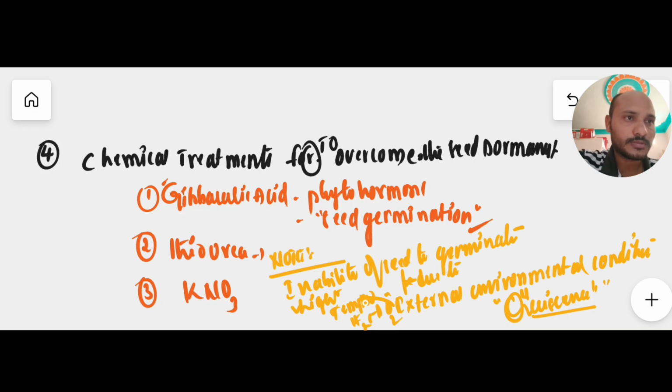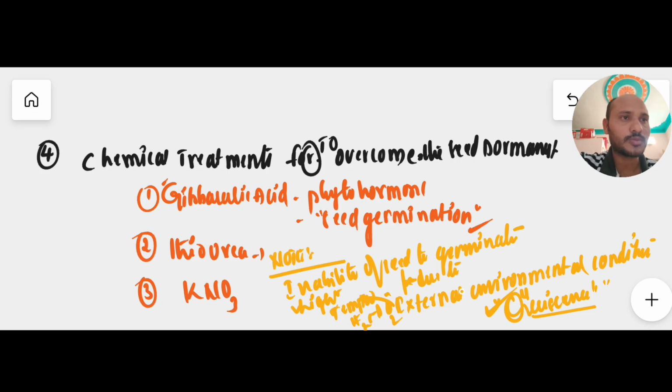If these are improper, the seed also undergoes dormancy, and such a concept is called quiescence. So this is the major difference between dormancy and quiescence. In dormancy, internal factors only; in quiescence, external factors only lead the seed to become dormant.